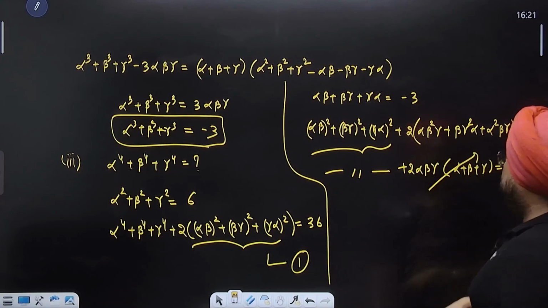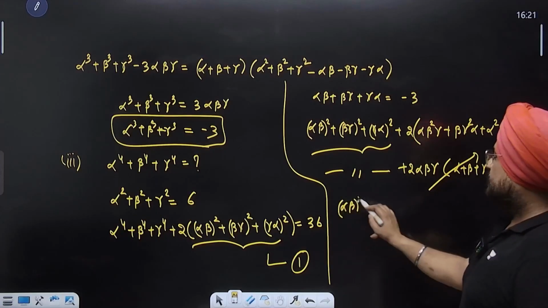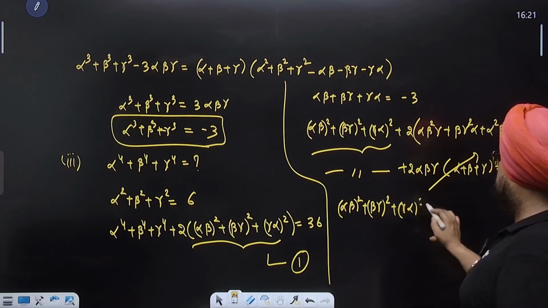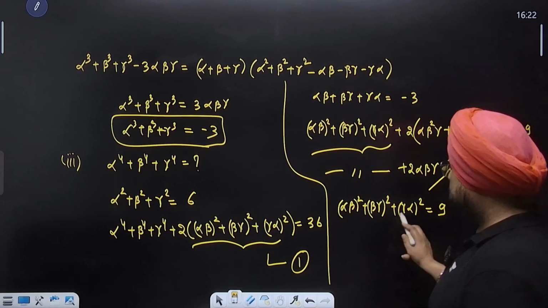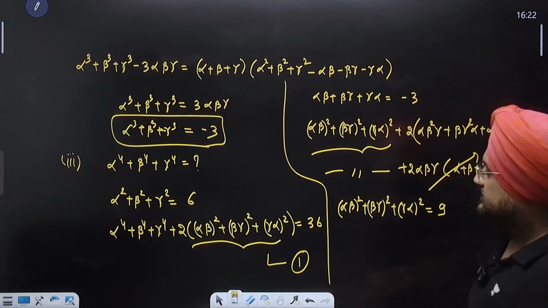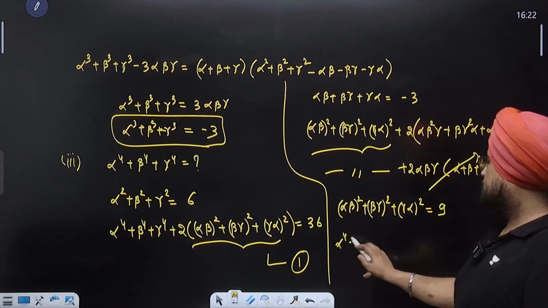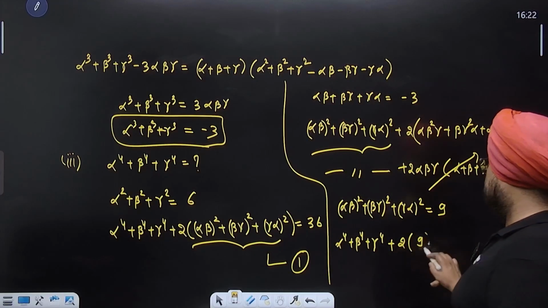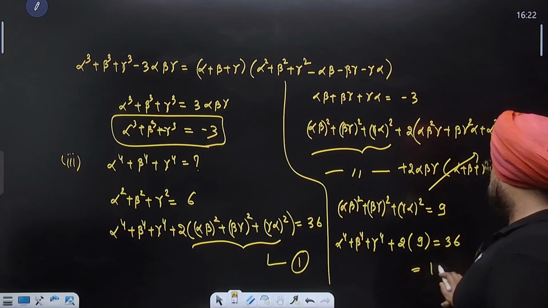This is given as 0. So alpha beta square plus beta gamma square plus gamma alpha square is equal to 9. Put this in equation 1. Alpha power 4 plus beta power 4 plus gamma power 4 is equal to 18.